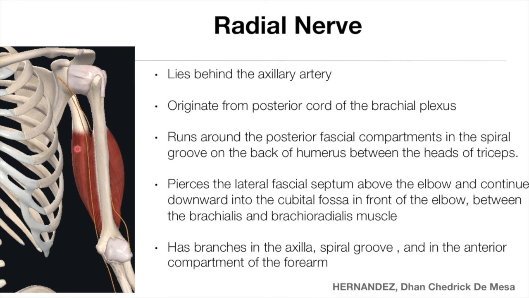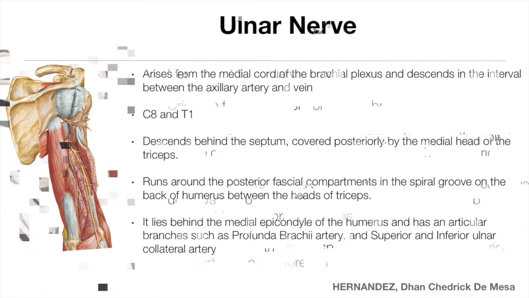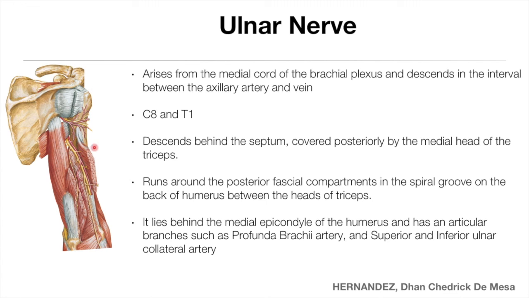And this is the ulnar nerve and this is the radial nerve. Okay? It lies behind the medial epicondyle of the humerus and has articular branches such as in the profunda brachii artery or the deep brachial artery, as well as in the superior and inferior ulnar collateral artery.